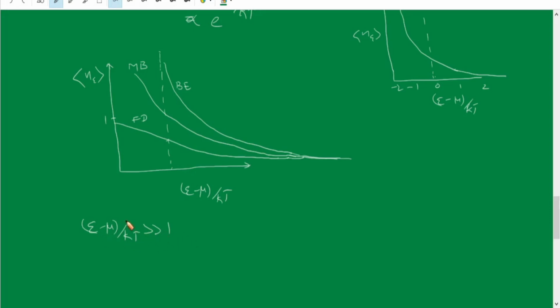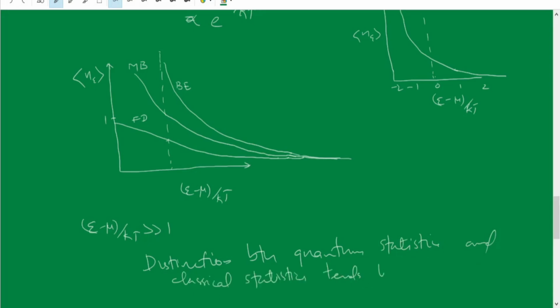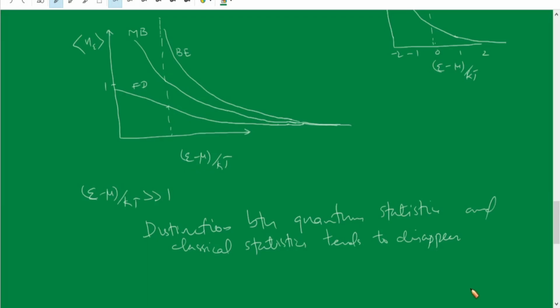For all practical values of the quantity (E minus mu) by kT, the distinction between quantum statistics and classical statistics tends to disappear, or we can say it is imperceptible, because it tends to this same zero curve.